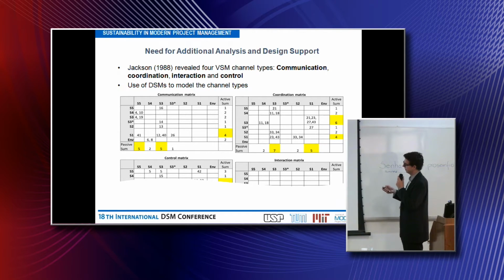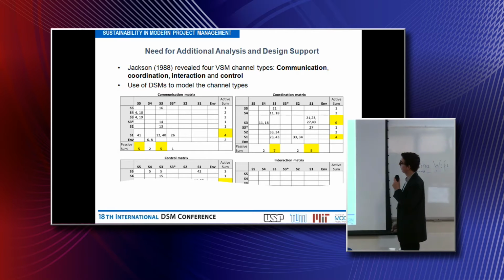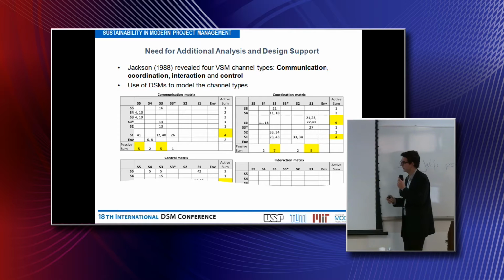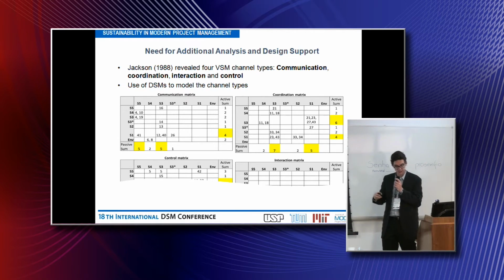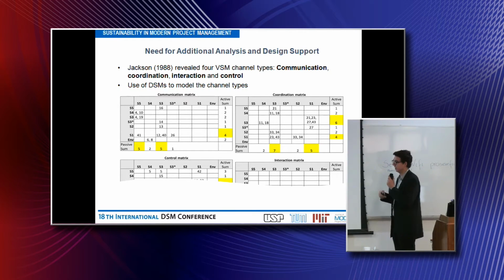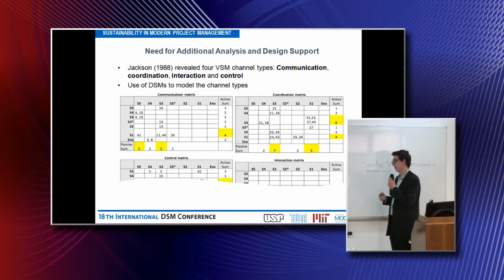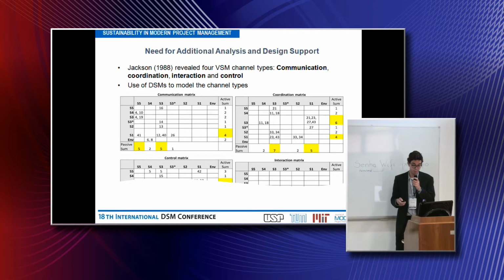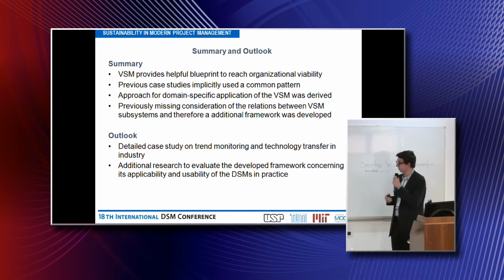So we used structural complexity management to come up with a should-be description: how the interaction between the different subsystems should be, for example, coordination-wise. And this you can use to again have a detailed understanding of what's missing in your organization and to derive implications for where you can improve your organization and where the reason for your difficulties and problems at the moment could be. And that brings me already to the summary.